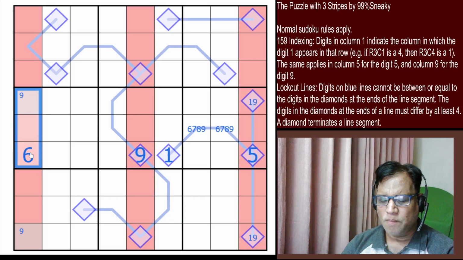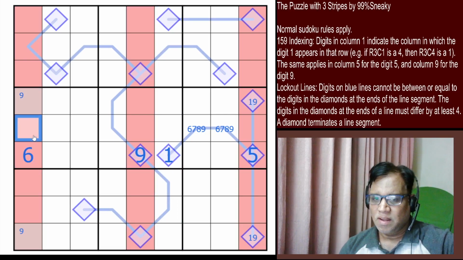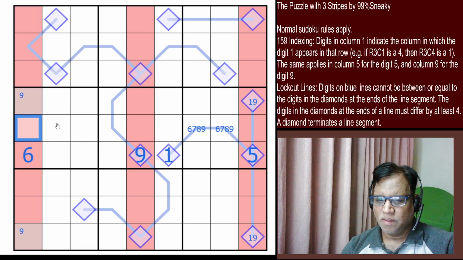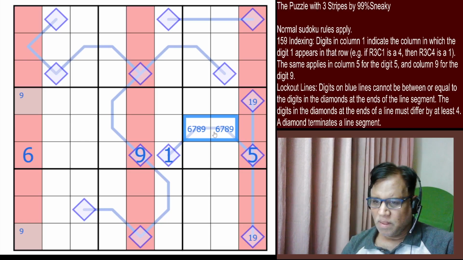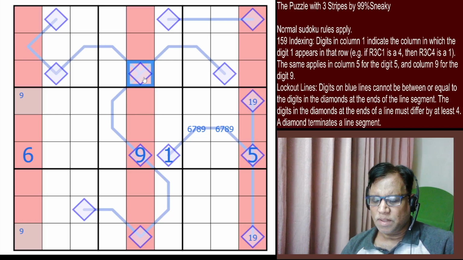Now we have middle here, right? So we need one high and one low. That could be anything. 9 is either here or here. If 9 is there, come on, man, think.